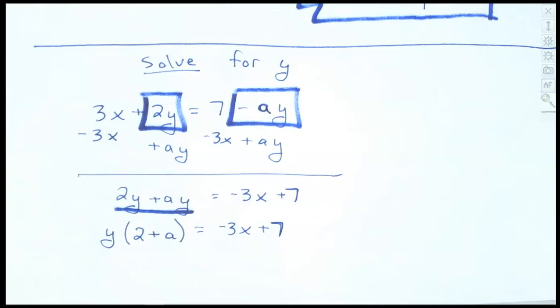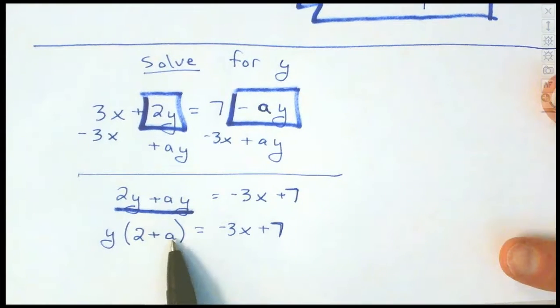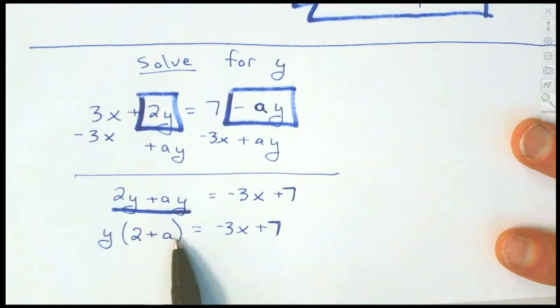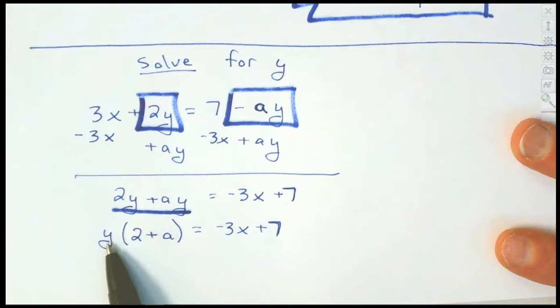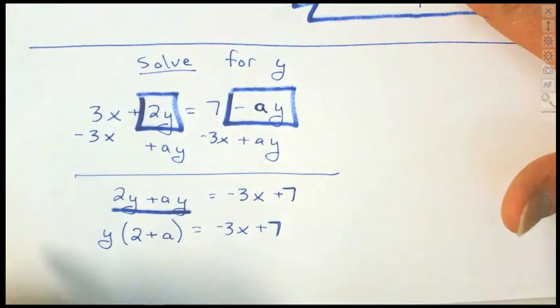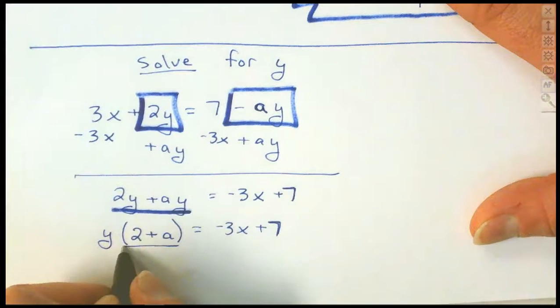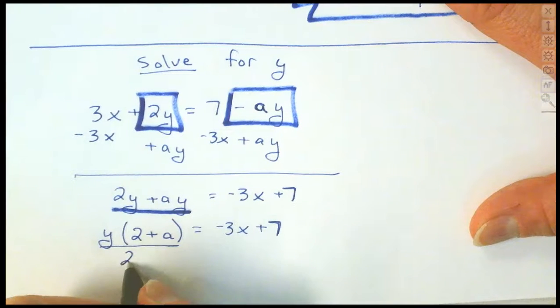And this is the most difficult problem I think that you're going to encounter, is one of these. We're almost done. What do we want? We want the y by itself. So how do I get rid of the 2 plus a? Well, it relates to the y by multiplication. So what undoes multiplication? Dividing. Yep, so we're going to divide both sides by 2 plus a.